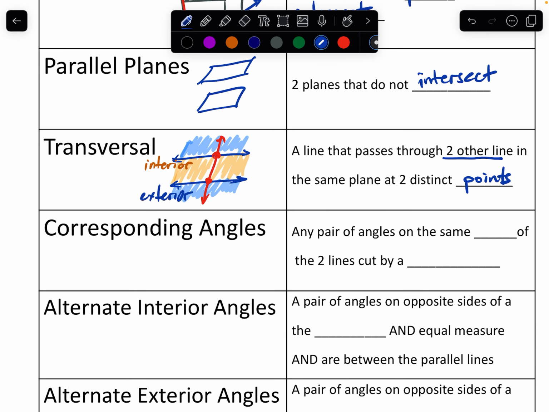Okay, so now we are going to go through all these four angles. Let me draw again my two lines. And this is my transversal here. So, any pair of angles on the same side of the two lines cut by a transversal.